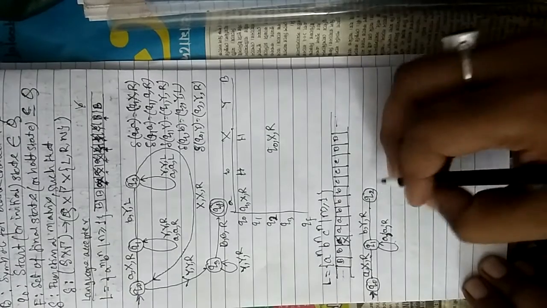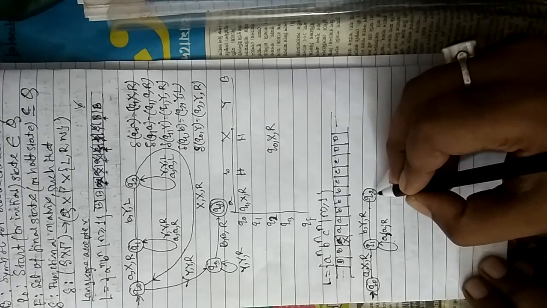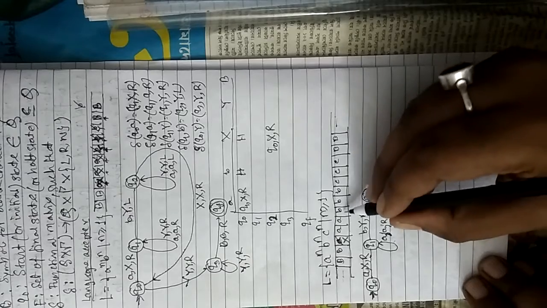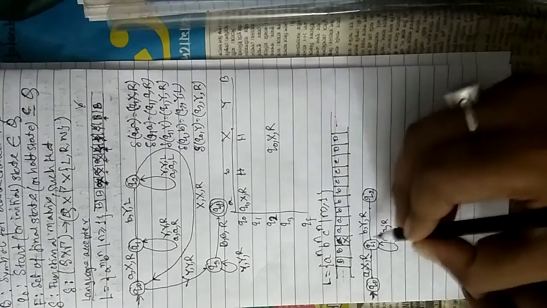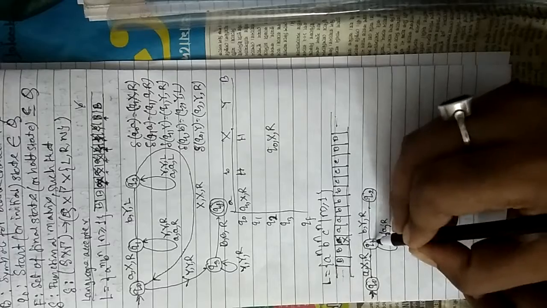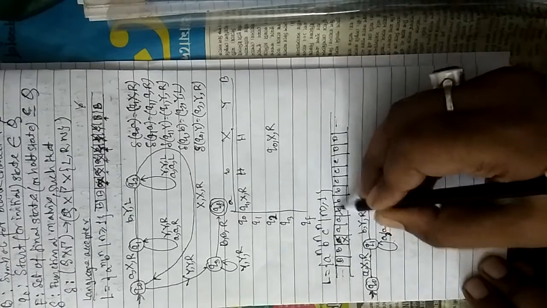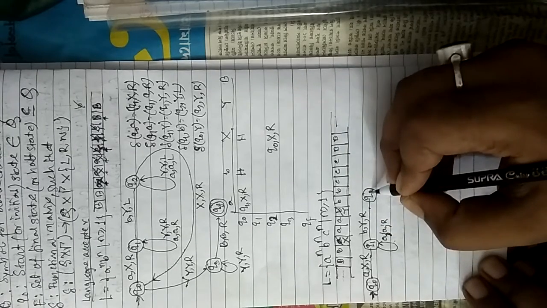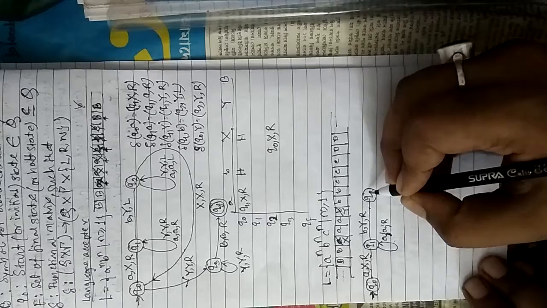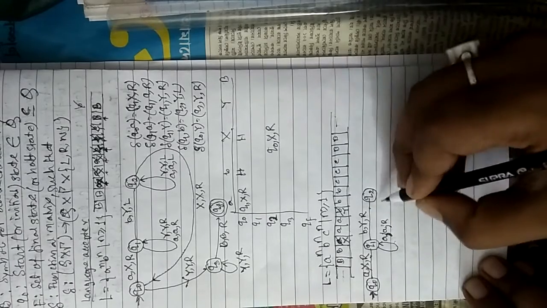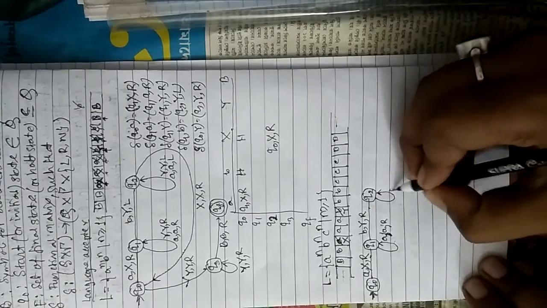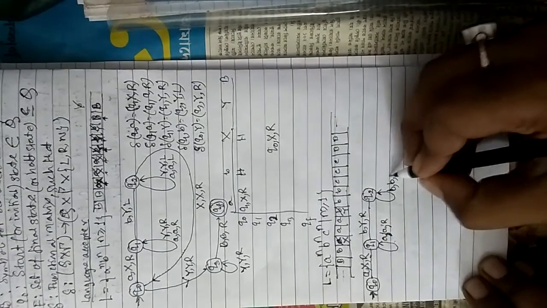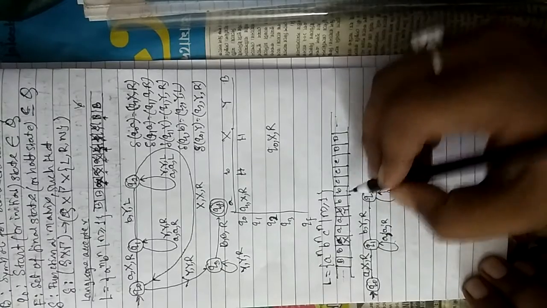Okay, now from Q2 I will read B. See, I am at Q1, I am reading the first B. I will replace this B by Y and I move to the right and go to the state Q2. Now in Q2 I will read B, replace B by B and move to the right.